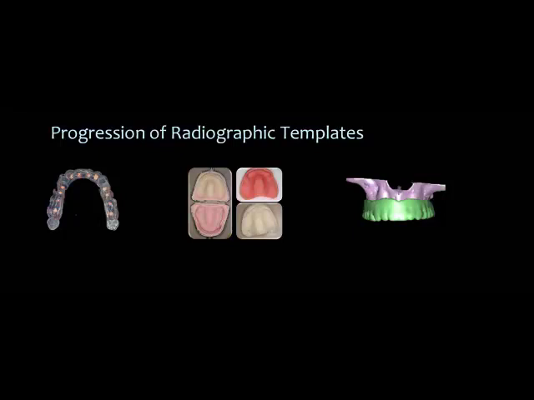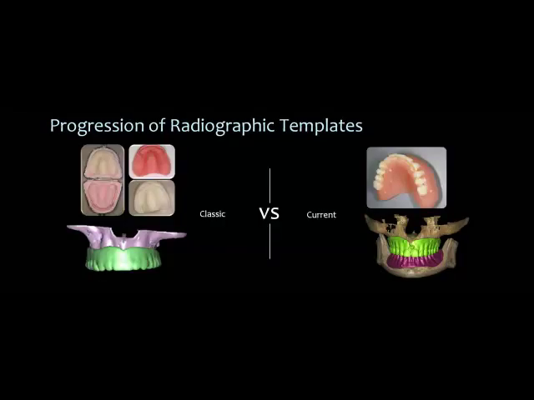But that introduced error, where we had to take an impression, and the radiographic template with barium introduced error. Now we can take a patient's well-fitting aesthetic denture and get a much more diagnostic image that can be used in our planning process.